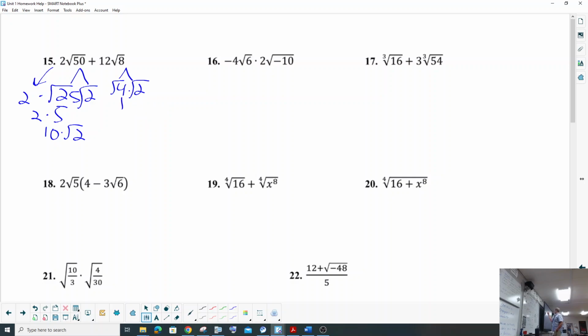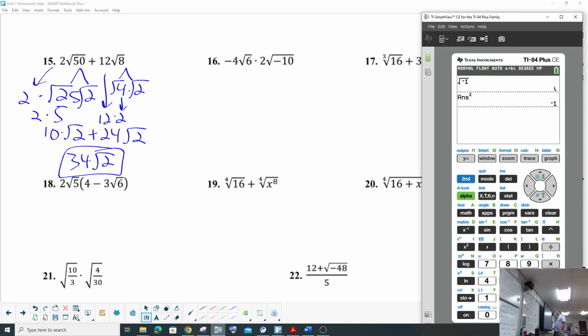The square root of 4 is 2. Bring down the 12. 12 times 2 is 24, so we get 24 radical 2. Now the question is, can we combine those together? Yes, we can, and radical 2 comes along for the ride. So 10 plus 24 is 34, and we get 34 radical 2 as our answer.